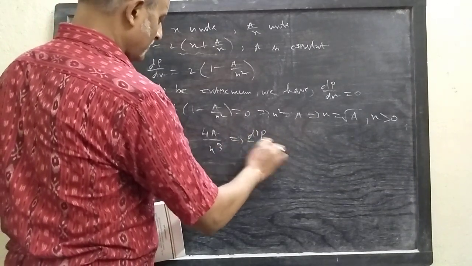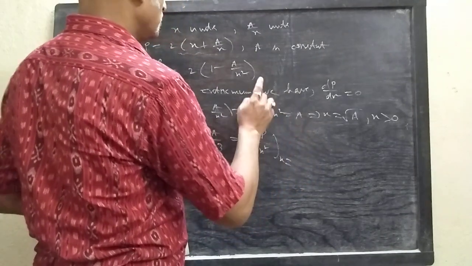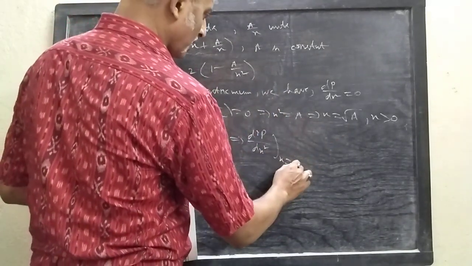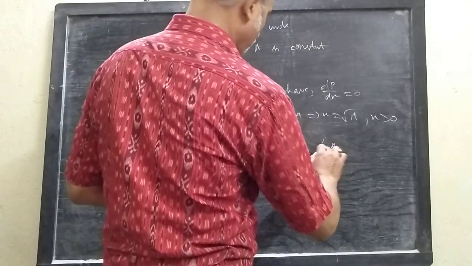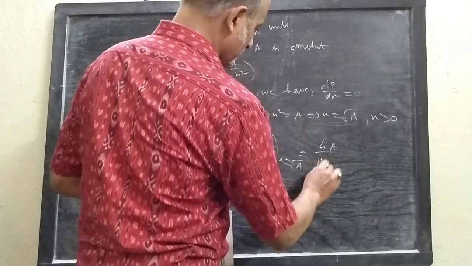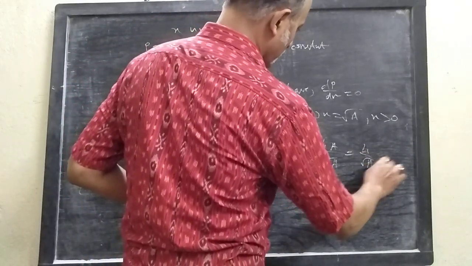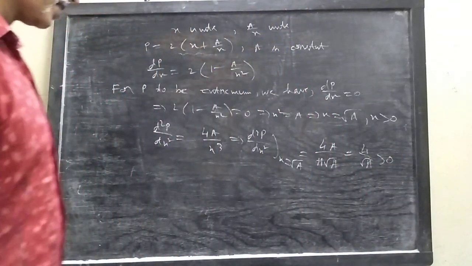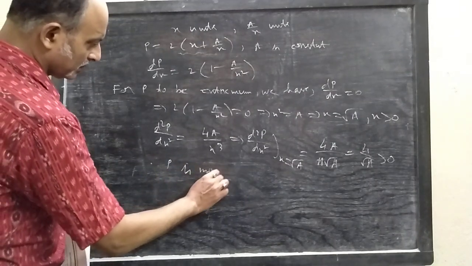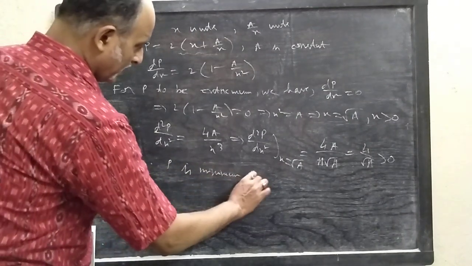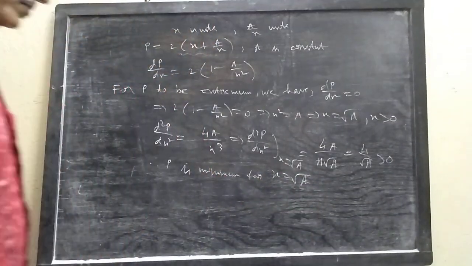That implies d2P/dx2 at x equals root over A will be 4A by root over A whole cube, that means 4A by A root over A, that means 4 by root over A. This is obviously positive. Therefore, P is minimum for x equals root A.